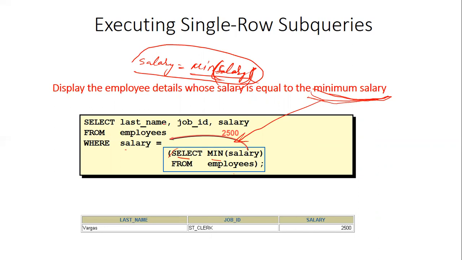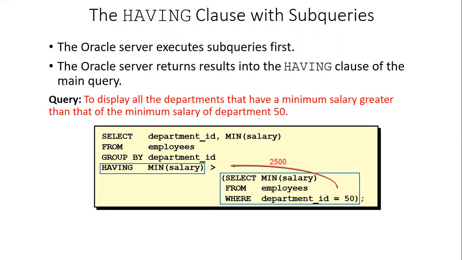Okay, so next you can see we can use the having clause with the subquery also. So you can see the example, to display all the departments that have a minimum salary greater than that of the minimum salary of department 50. So now in department number 50 we have to identify the minimum salary.